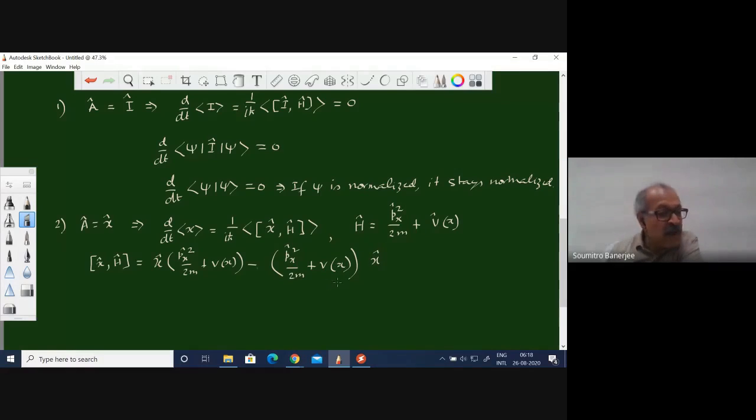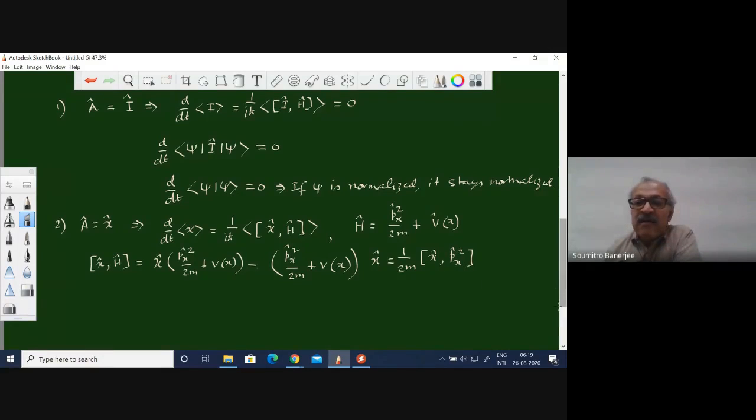So it will have two parts. X definitely commutes with V of x, so it will not really matter. So we can, in brief, write this as, I'll get 1 by 2m outside, it is 1 by twice m times the commutator of x and px square. This is what we need to figure out.